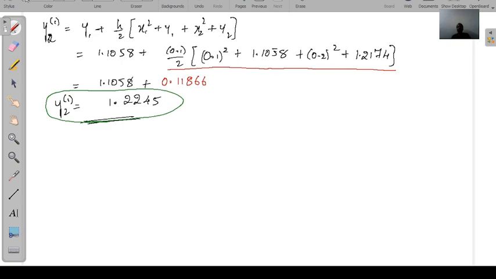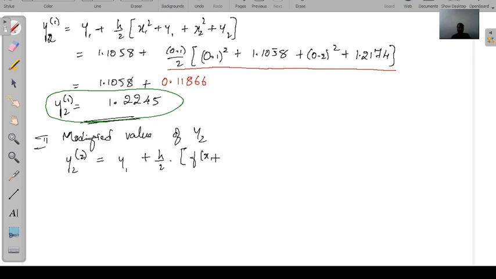Next, what is the next step? We have to find out one more modified value, that is the second modified value of y2. The second modified value is y2 of 2. It is equal to y1 plus h by 2 times f of x1, y1 plus f of x2, y2 of 1.